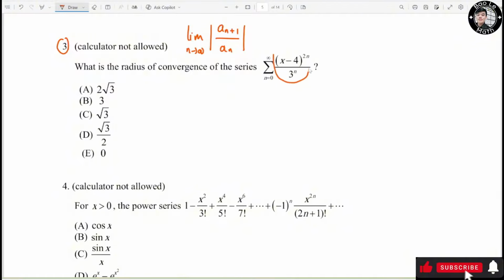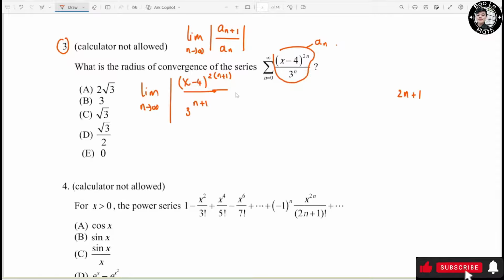So we have the limit when n approaches infinity of the absolute value of x minus 4 raised to the 2 times (n plus 1). Be careful. If you write 2n plus 1 like this, that's completely wrong. Over 3 raised to the n plus 1.